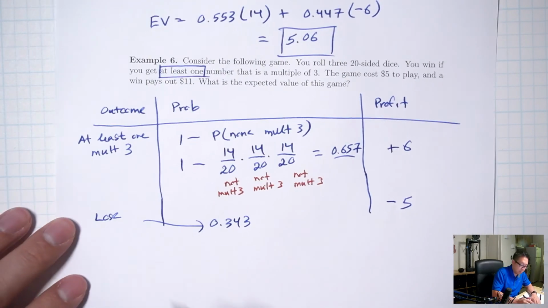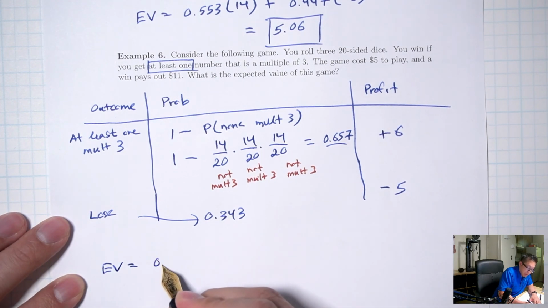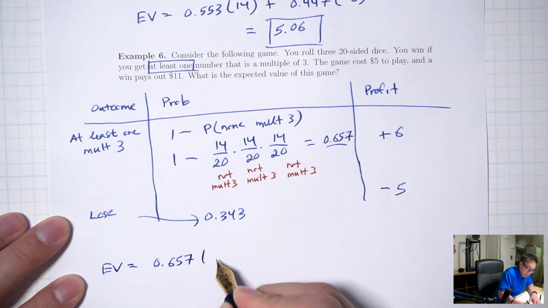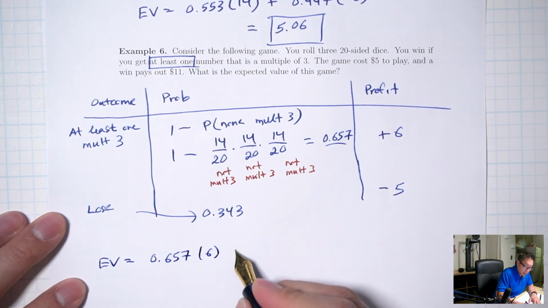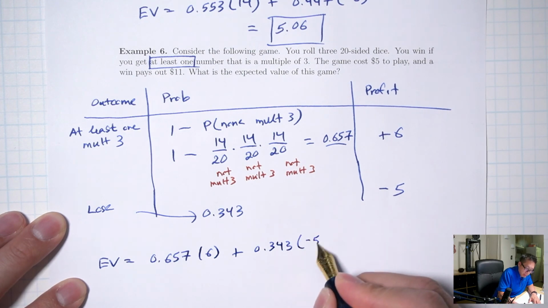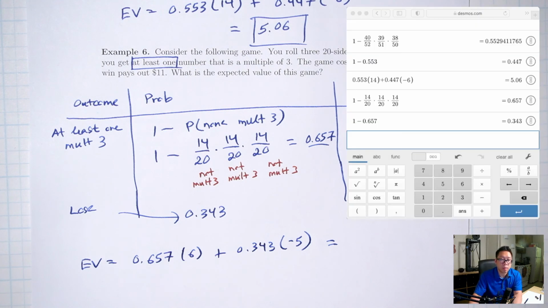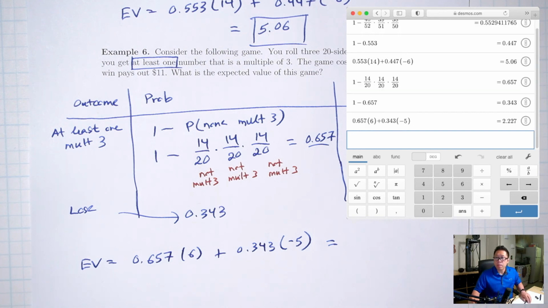And then expected value: 0.657 times 6 plus 0.343 times a negative 5. This is 2.227.